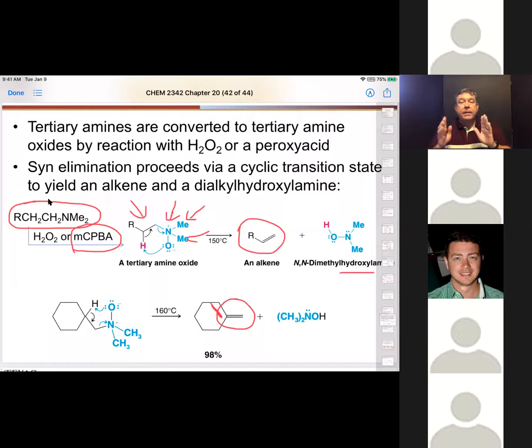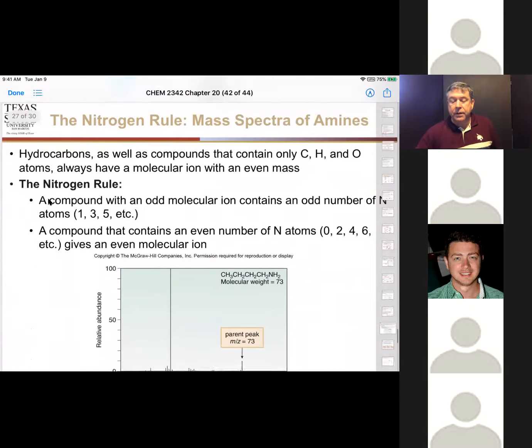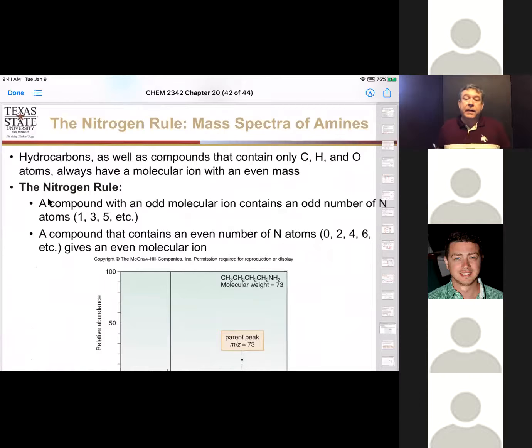Okay, I have 10 minutes, and what I want to do is walk through some of the spectroscopy related to amines. We hit a little bit on this when we talked about other systems, but I wanted to hit on it here again. So with spectroscopy, one of the cool things in mass spectroscopy, which is way back in chapter 9, is that nitrogen has an odd molecular weight, okay?